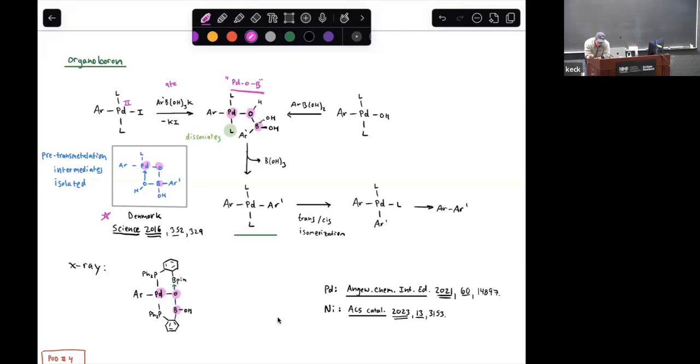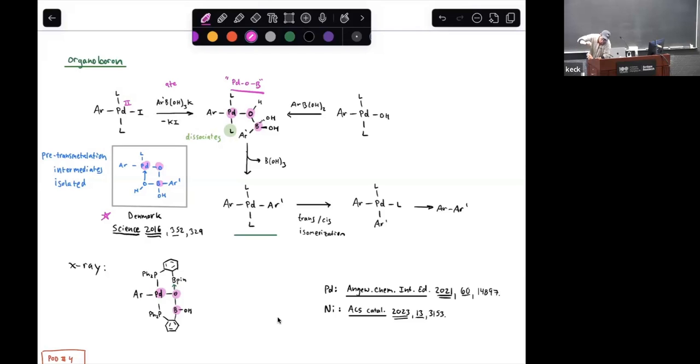Why is that? Because when you associate, and this is, I think, part of Scott's original interest in this, when you associate a Lewis base with boron, it increases the nucleophilicity, it increases the HOMO coefficient on the associated aryl group. So you coordinate an anion to boron, boron becomes net negatively charged.